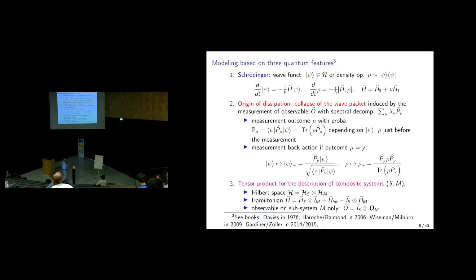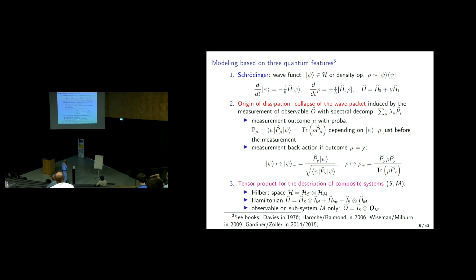For composite systems you have to deal with the tensor product. It changes completely the rules of the game with respect to classical systems. For classical systems it is the Cartesian product and the dimensions add. Here, the dimensions multiply, and you have the tensor product.